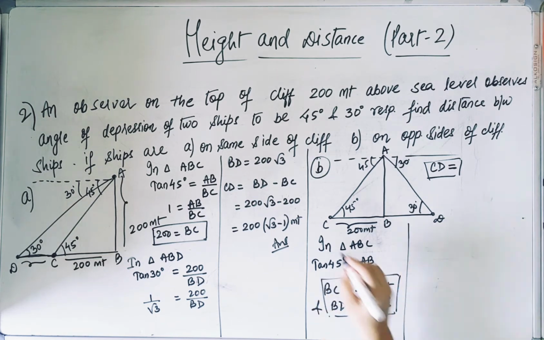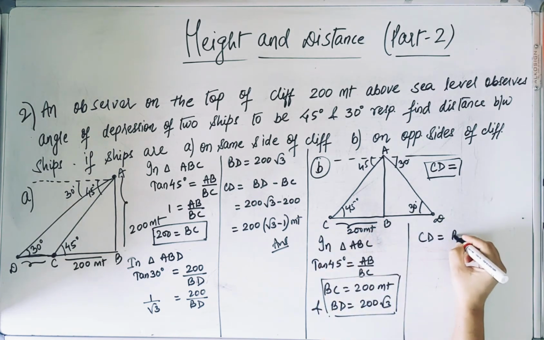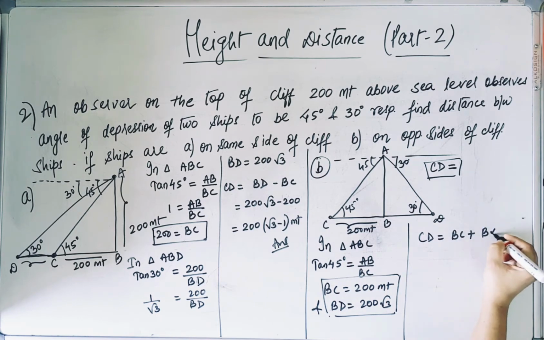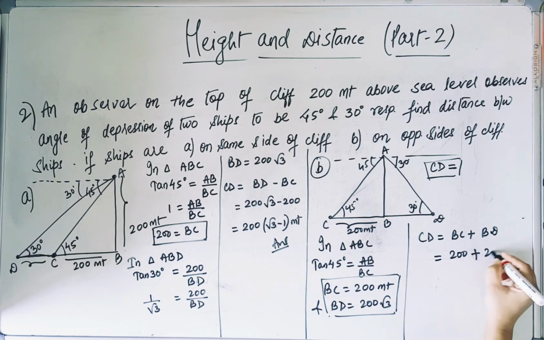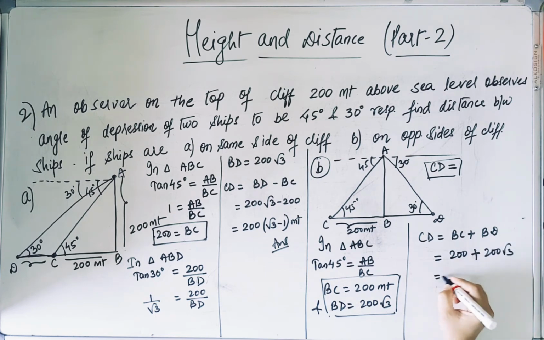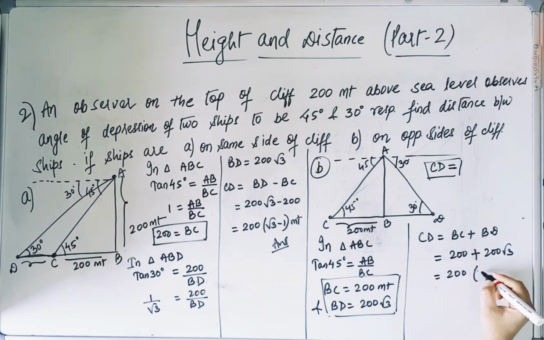But in this question CD will be BC plus BD. So BC is 200 plus 200 root 3. So the answer will be 200, I'll take common, (1 plus root 3) meter. We can put the value of root 3 over here, that is 1.732, and solve it further.